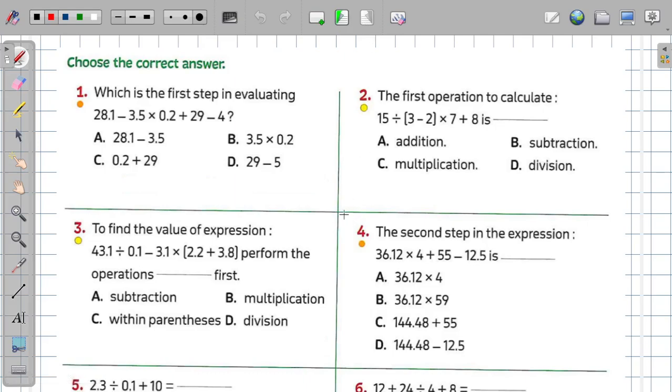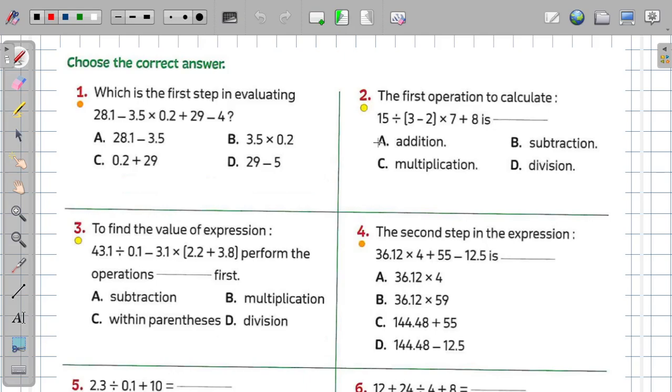Next, I have some questions of the type of multi-choice questions. So let's focus on it because it's present in the final exams of every year. Okay, so the first one I have, which is the first step in evaluating 28.1 minus 3.5 multiplied by 0.2 plus 29 minus 4.